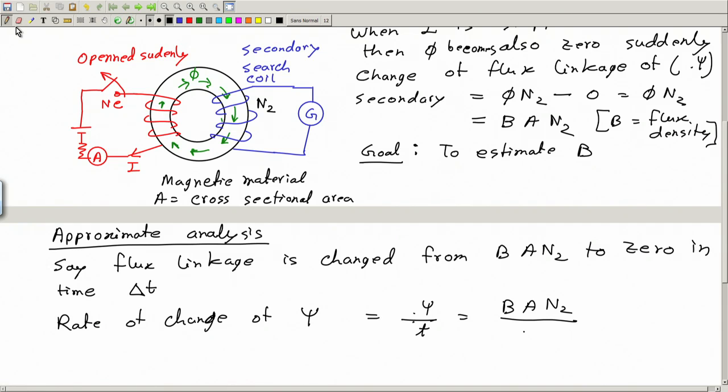Let me call everything delta, so BAN2 divided by delta t. This is the rate of change of flux linkage.